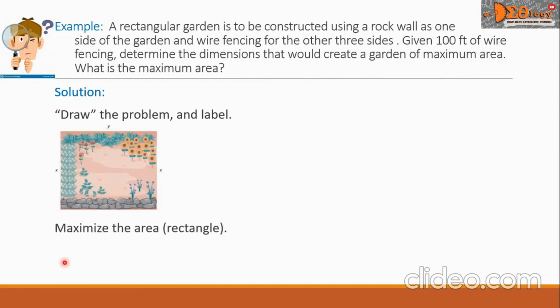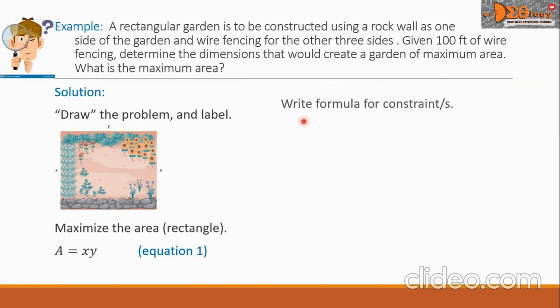So let us maximize the area of the rectangle. Our formula for area of a rectangle is length times width. Considering the variables here, we write A equals x times y. We regard this now as equation 1.